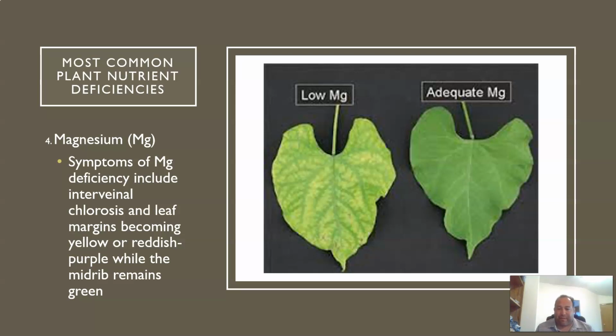Sometimes it might even become reddish purple, and you can see that happening at the bottom of that leaf on the left. There are a few areas towards the apex, or the tip of the leaf, with a darker color, but the midrib is definitely still green. And then on the right, you can see what that leaf should look like.